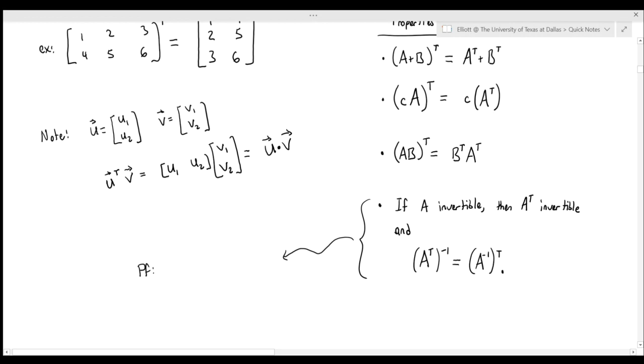So if A is invertible, we know that multiplying A with its inverse will give us an identity matrix. That was the definition of the inverse. Now what we're going to do is take this equation and transpose both sides of this equation.